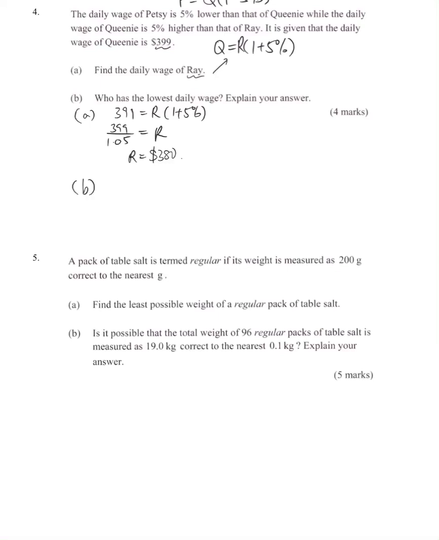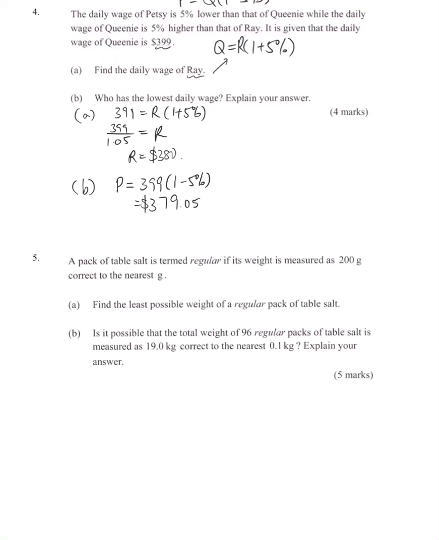And B, they're asking whose wage is the lowest. Now we know Queenie's wage, we know Ray's wage, but we don't know Patsy's wage yet. So we have to use the equation that we found in the first part. We're going to use that one to find Patsy's wage. So 399 times 0.95 is 379.05.